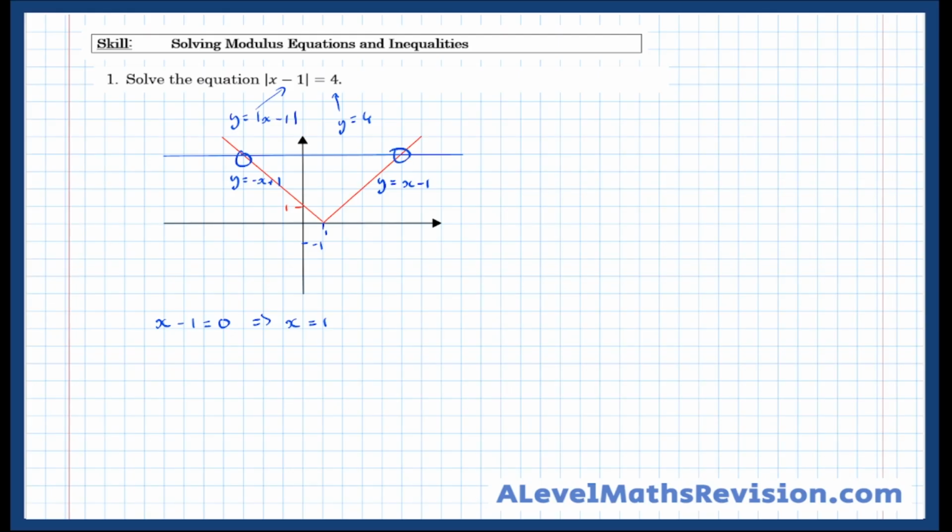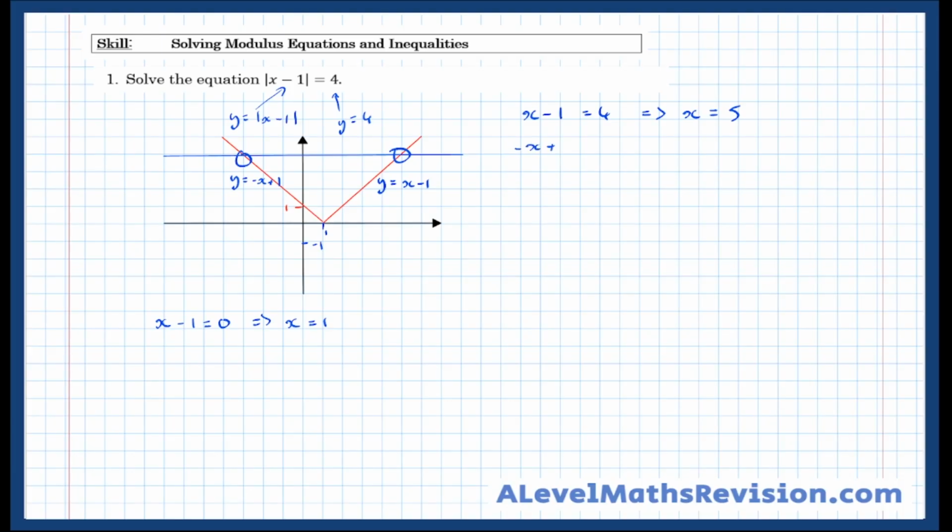So to find those 2 points of intersection, what we're going to need to do is solve two simultaneous equations. We're going to solve x minus 1 with 4. And we're going to solve minus x plus 1 with 4. So x minus 1 equals 4, which means x equals 5. That's our first solution.